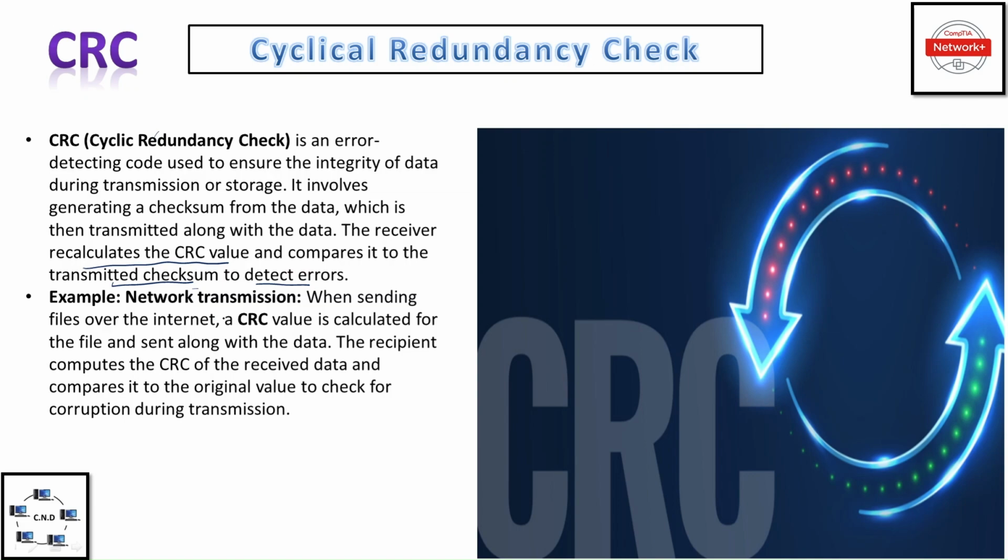For example, in network transmissions, when sending files over the internet, a CRC value is calculated for the file and sent along with the data. The recipient computes the CRC of the received data and compares it to the original value to check for corruption during transmission.